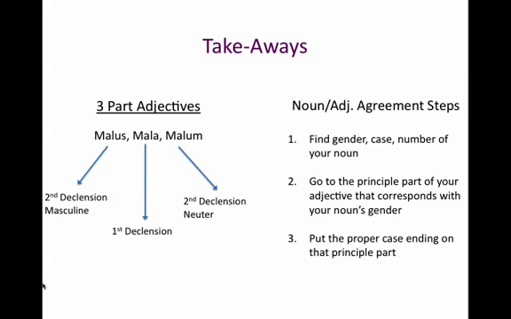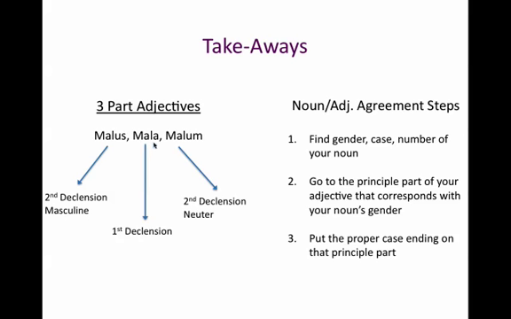Now let's talk about our takeaways for the lesson. You should already know how to decline all parts of the adjective because you know your first declension and your second declension masculine and neuter endings. These you should already have memorized. What you need to remember is that these adjectives are 3-part adjectives. The first part, malus, is the masculine, and you'll decline that in the second declension masculine.